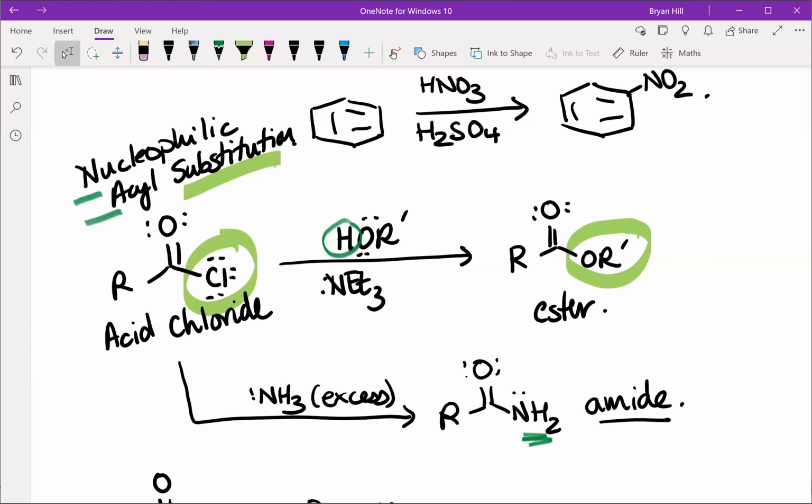I basically tried to dig up everything I could think of from organic 1 and organic 2 to put on there. You certainly don't need to memorize all that sort of stuff. But just take a look at it and get sort of familiar with it all again.